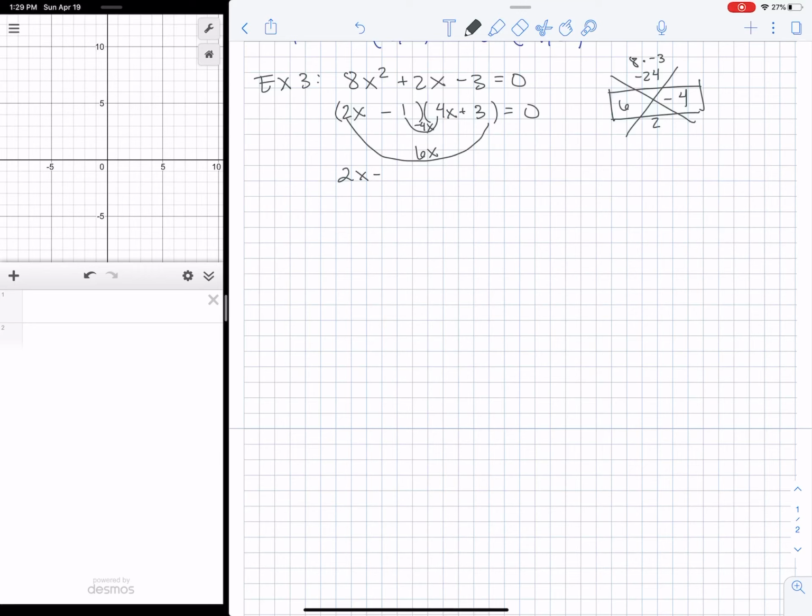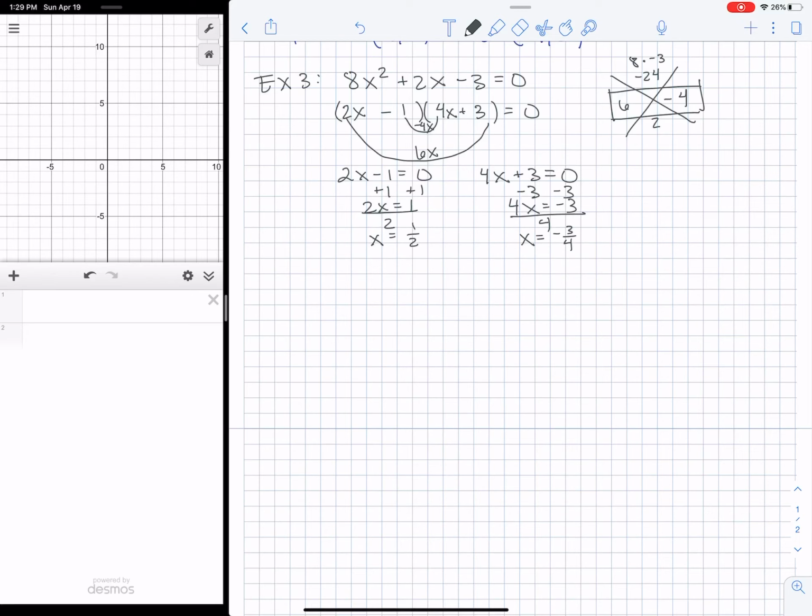Now that I've factored, I get to set both of these things equal to 0 and solve. So 2x is equal to 1. Divide by 2, x is equal to 1/2. And my other answer is that x is equal to negative 3/4.